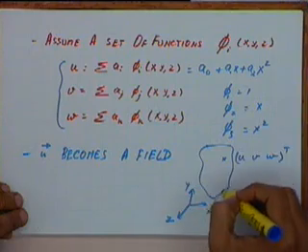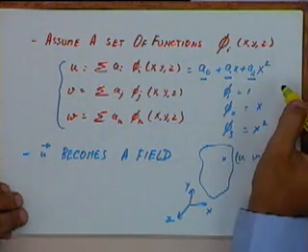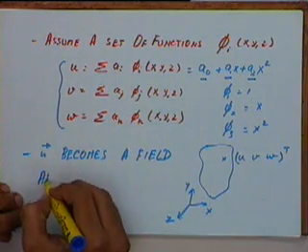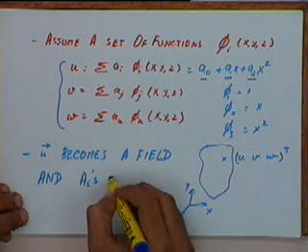This function of x, y and z will be governed by these parameters a0, a1 and a2. It becomes the field and the ai's are the parameters of this field.